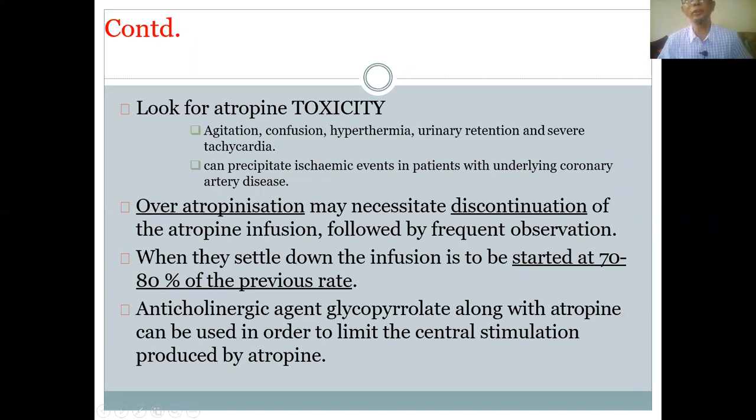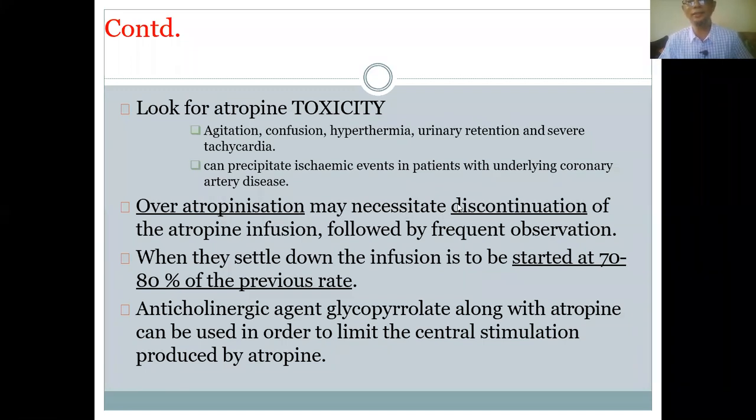If you block the muscarinic effect, the nicotinic effect will get the upper hand, and there will also be tachycardia. It can precipitate ischemic events in patients with underlying coronary artery disease. If there is tachycardia, the oxygen demand of the heart tissue increases. If the supply is not adequate, ischemic episodes can occur here.